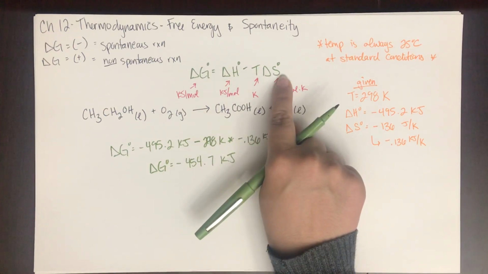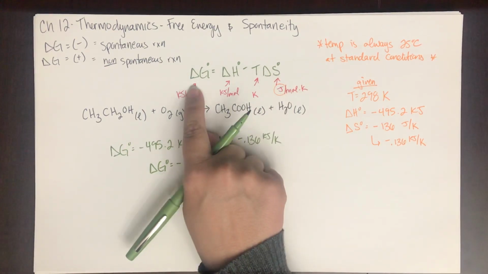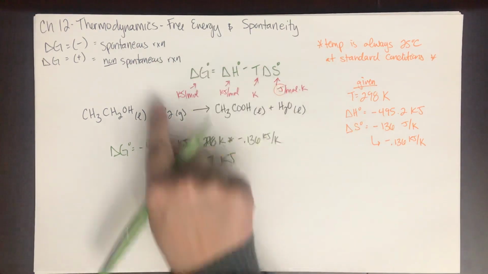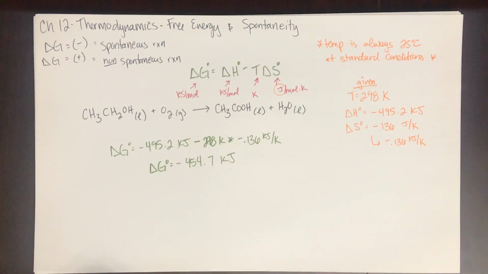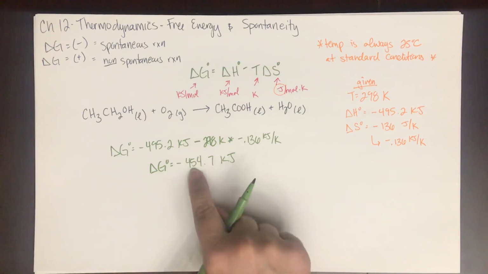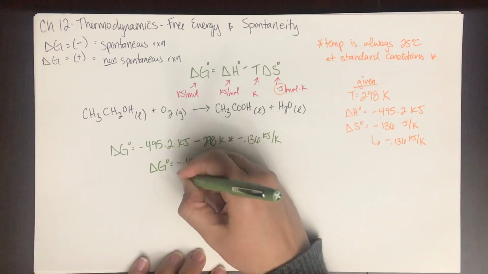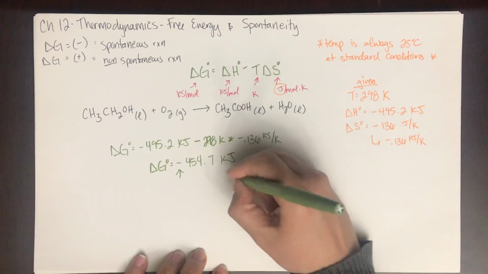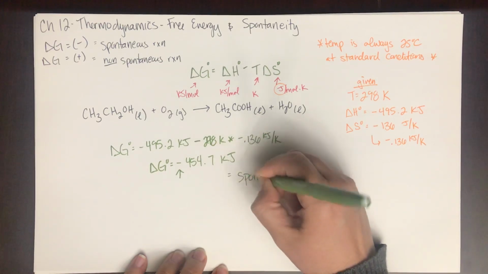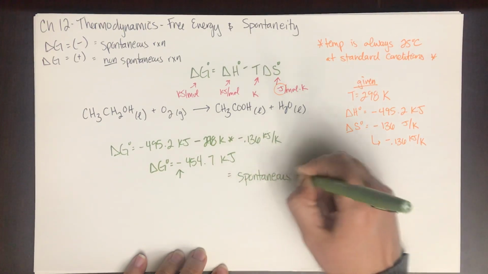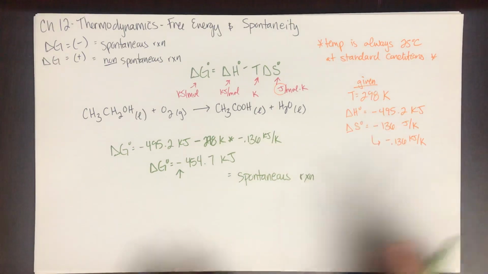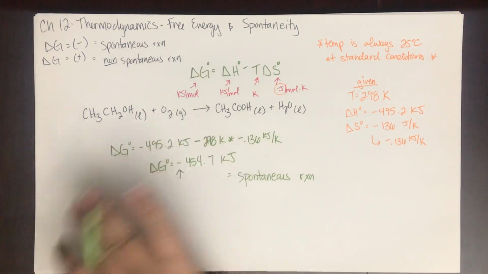We calculated delta S using the entropy of the reaction, and now we've calculated delta G using this relationship. Again, think about what this means. This is a negative number, so that means this is a spontaneous reaction. This means it'll happen by itself, which we said in a previous video.